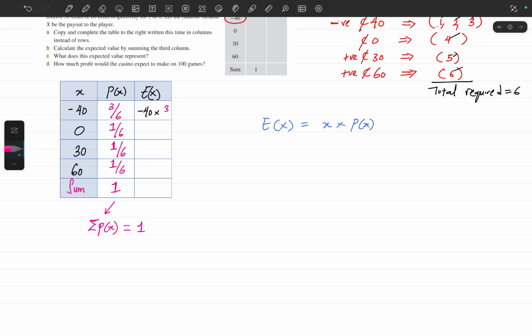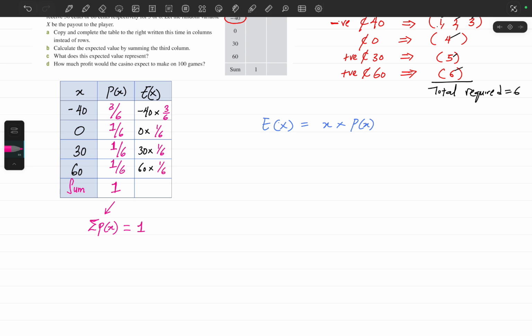And then the next one is going to be 0 multiplied by 1 over 6. Then the next one will be 30 multiplied by 1 over 6. And then the next one will be 60 multiplied by 1 over 6.